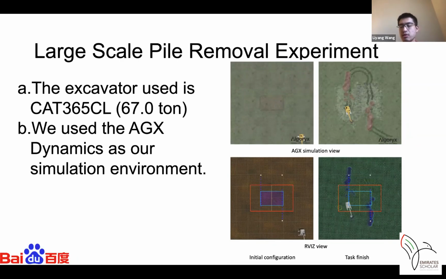You can see in the right top figure, because there is no truck or anything to carry the soil, the piles after digging look like that, but the entire original soil is completely removed and the color is the same as the background.